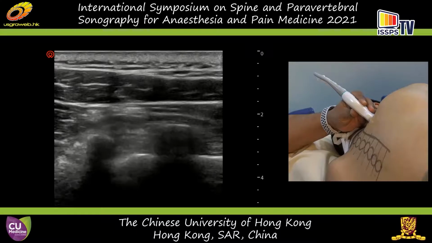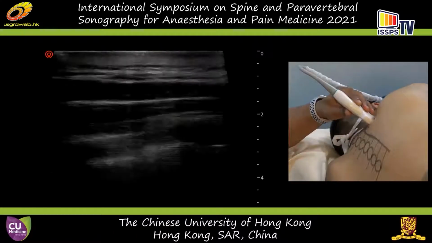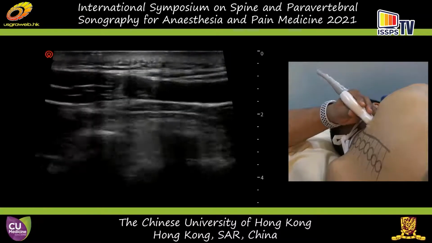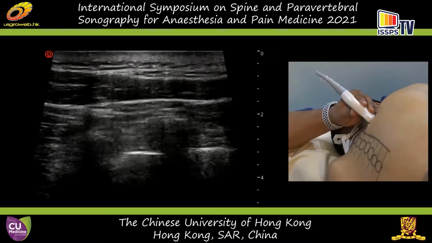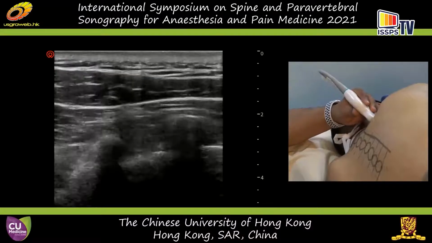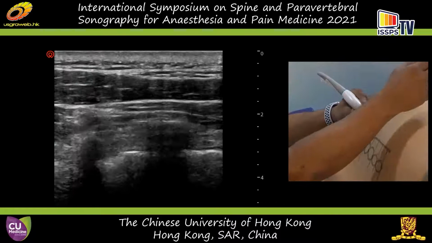So now this is an extended field of view. You can see it's slightly wider, but there are a lot of artifacts here. But I can go back to the ordinary field of view. So you can see that we can achieve a wider field of view, but there's some artifact. So I need some more gel, please.